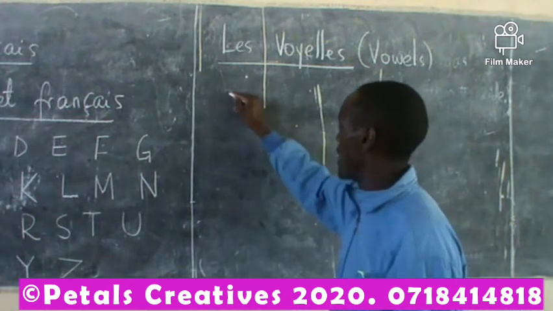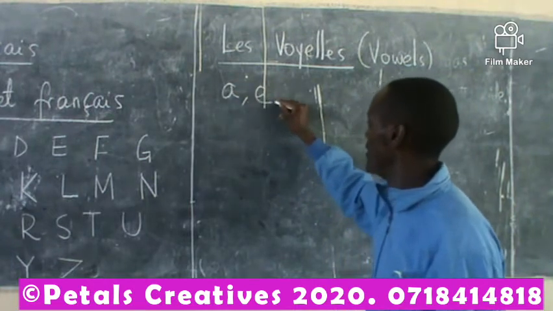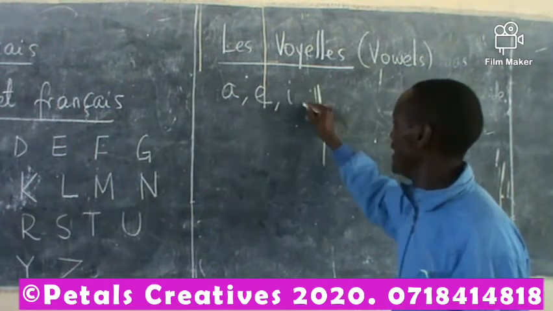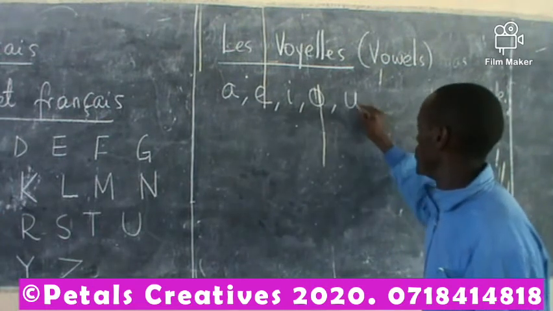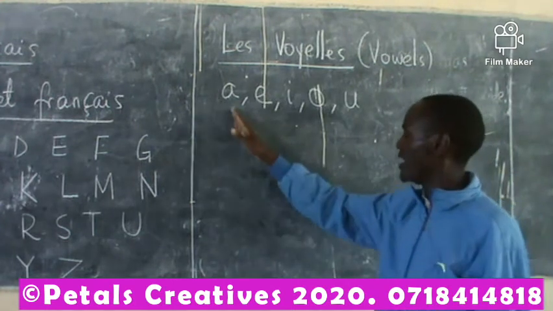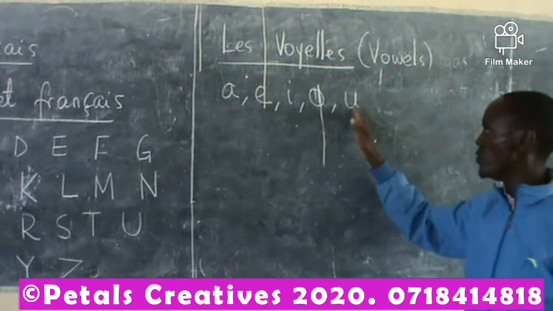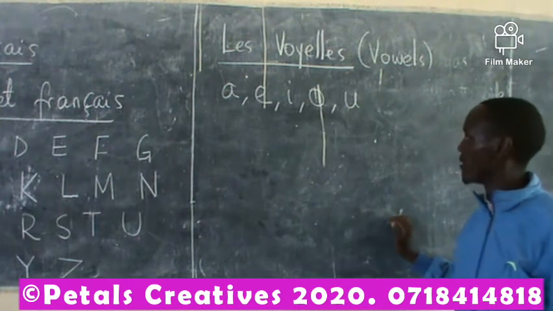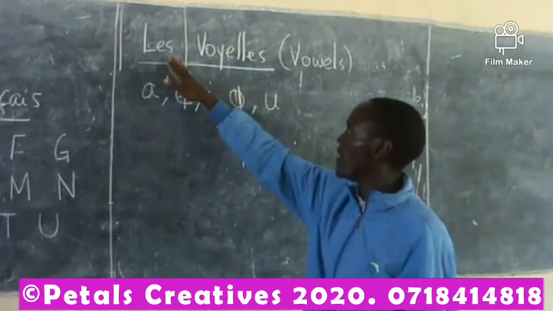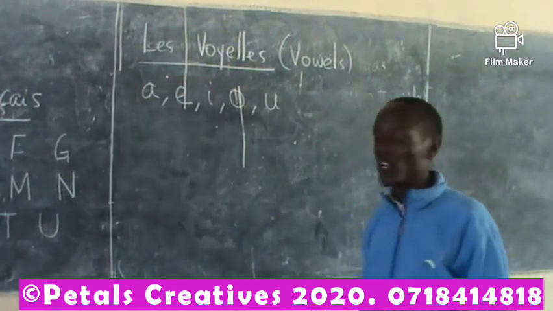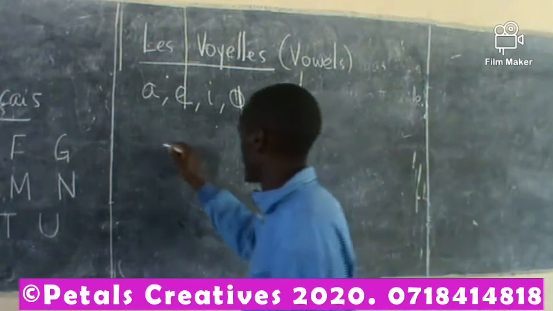So the first one is A, E, I, O, U. These are the vowels that are found in French, but it is from the same vowels, or les voyelles, that we are able to derive sounds and accents.